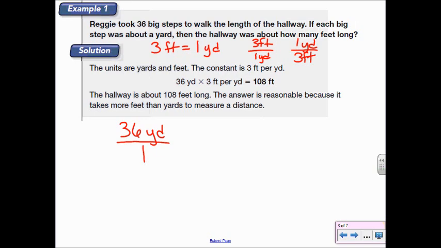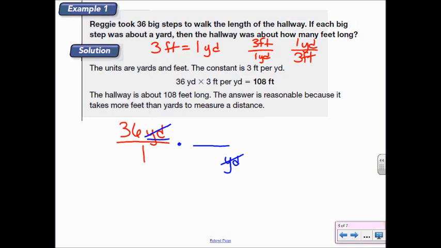So right now, yards is in the top. To cancel out yards, I need it to be in the bottom of the next fraction, because I want to get rid of yards and end up with a new unit. And when things are diagonal in fractions, they get canceled out because yards divided by yards equals 1, basically.